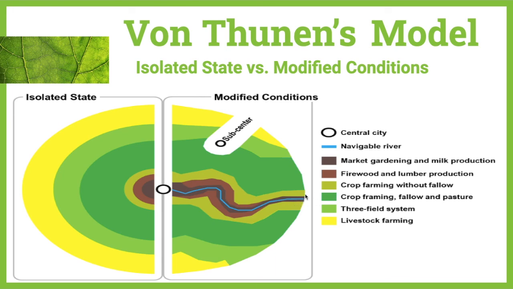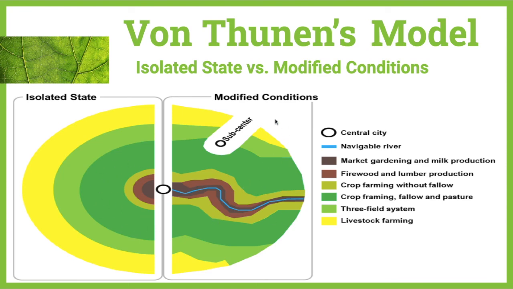We can have crop farming without fallow. Fallow means to let the land sit without farming, all the way around that river, that water source, instead of just one big circle, right? All the way to the edges.